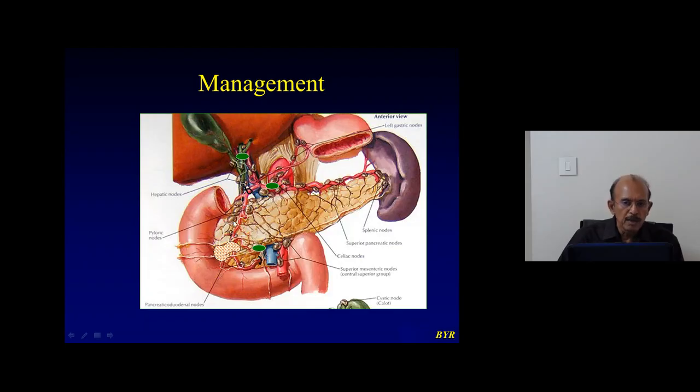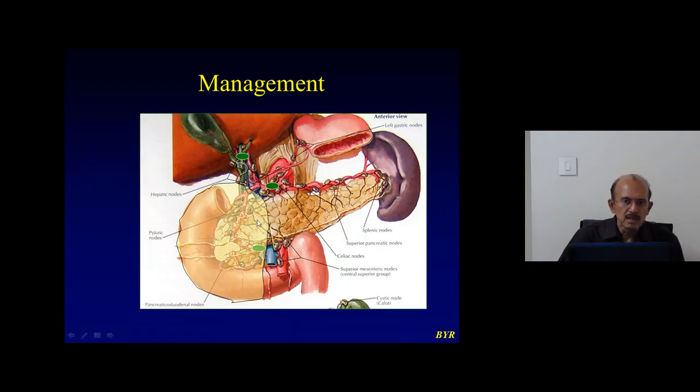So you remove the pancreas as well as the duodenum in the surgery. This is what you remove. And the lymphatics go along the bile duct, so you remove the terminal bile duct along with the gallbladder and lymph nodes in the porta hepatis.